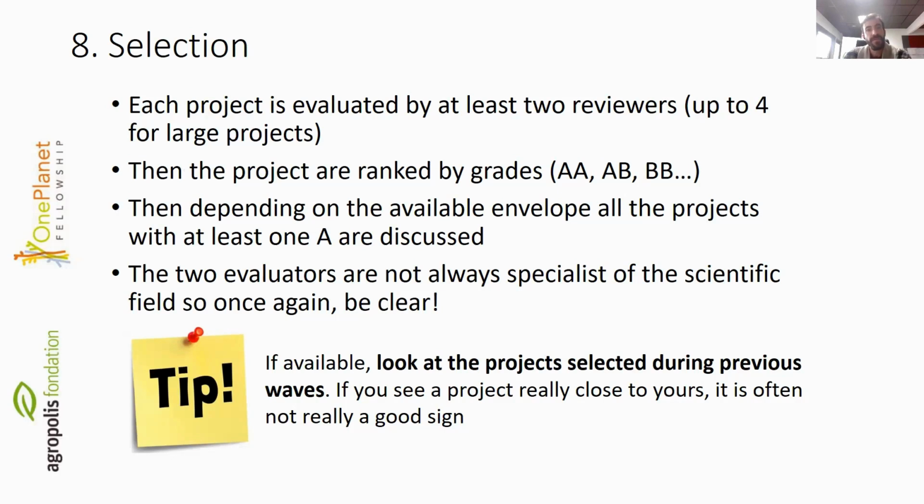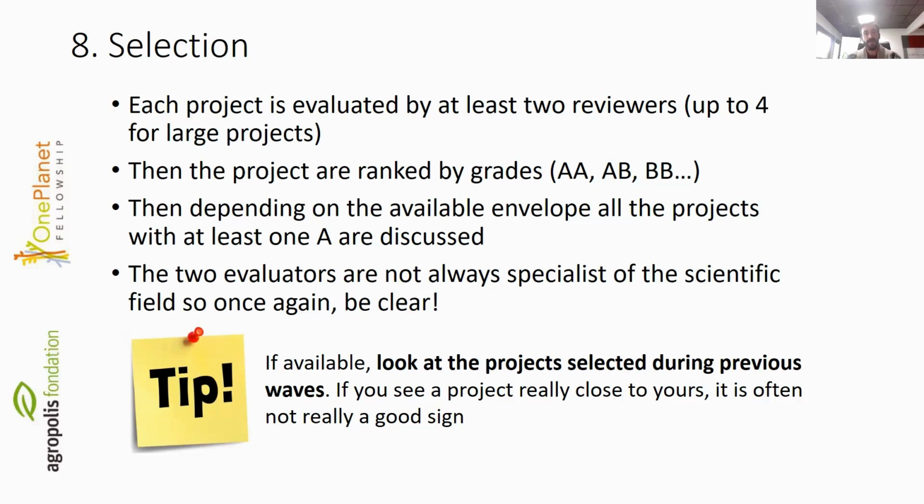Then the projects are ranked by grades: AA, AB, BB, AC, or if you have 4 evaluators, AAAB, BBBB, all that. Then, depending on the available envelope and the number of projects you have, as a common rule, the Science Council discusses all the projects with at least 1 A.